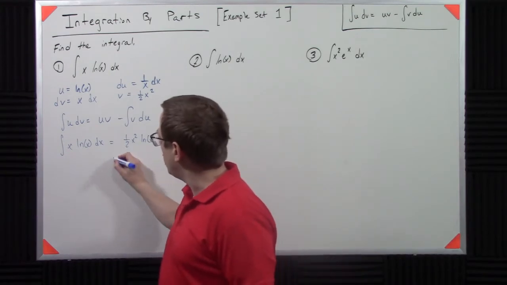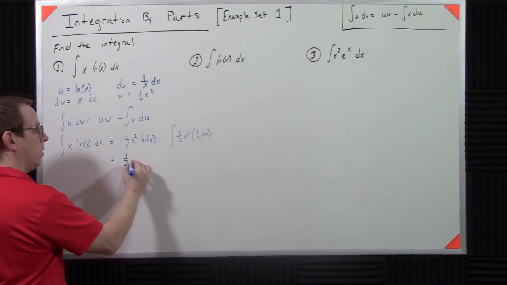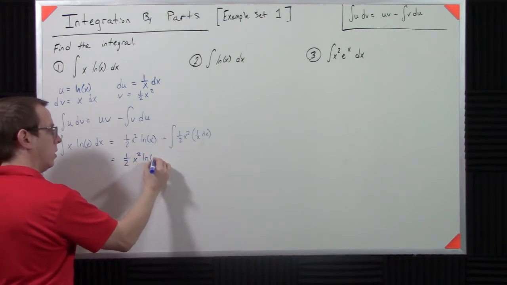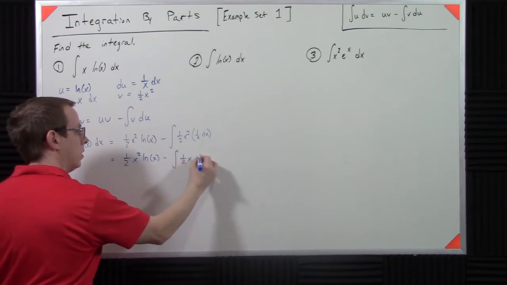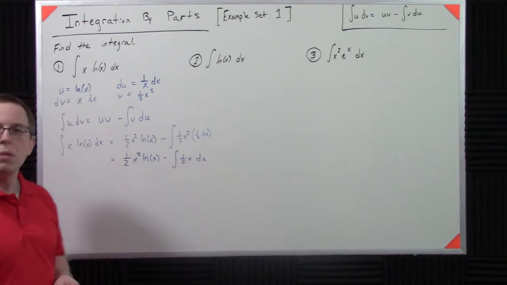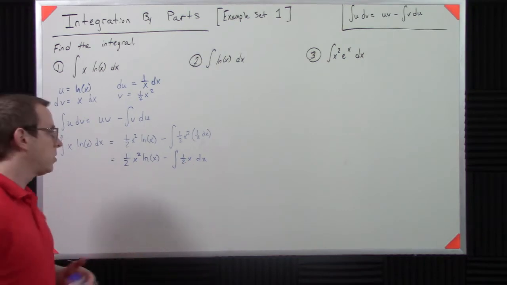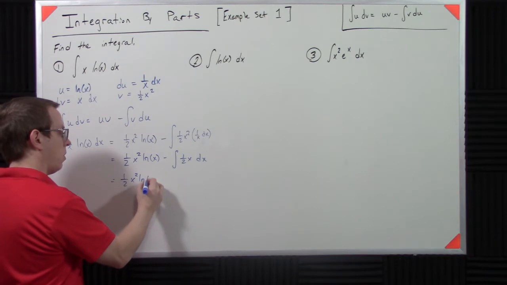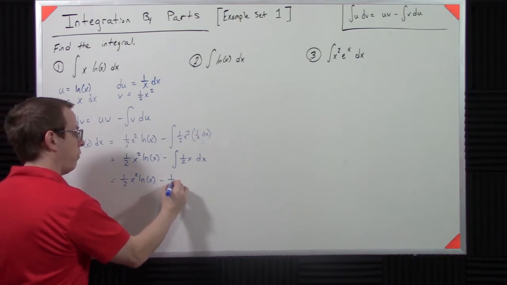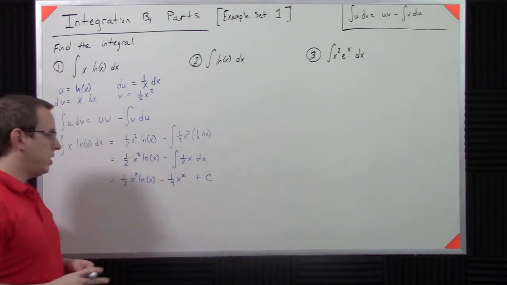That's going to give me 1/2 x dx. Well, we know how to take the antiderivative of x, so I get 1/2 x squared natural log of x minus 1/4 x squared plus c.